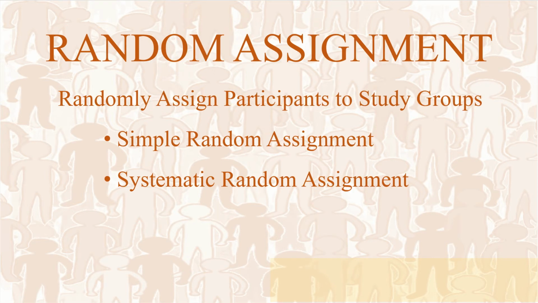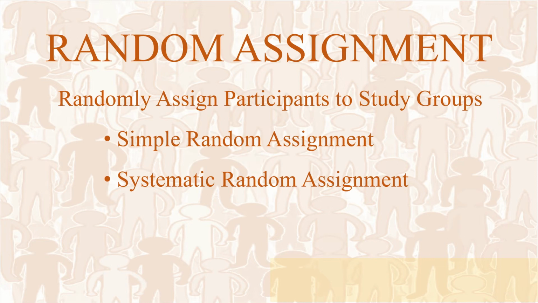Random assignment means that subjects are randomly assigned to study groups, usually referred to as the control group or experimental group. Once participants are randomly selected to participate in the study, they can then be randomly assigned to which group of the study they will belong.